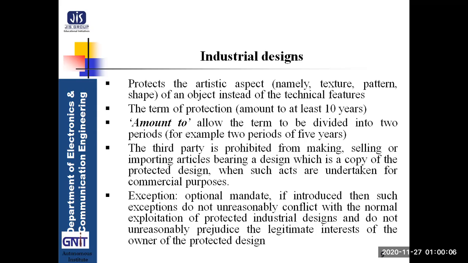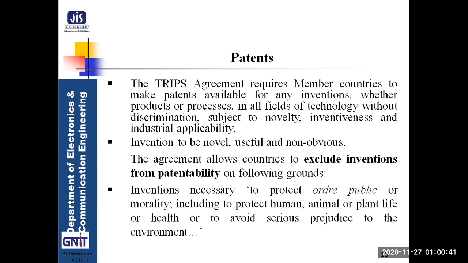A third party is prohibited from making, selling, or importing articles bearing a design which is a copy of the protected design, when such acts are undertaken for commercial purposes. Exceptions are also there. If introduced, such exceptions must not unreasonably conflict with the normal exploitation of the protected industrial design and must not unreasonably prejudice the legitimate interests of the owner of the protected design.